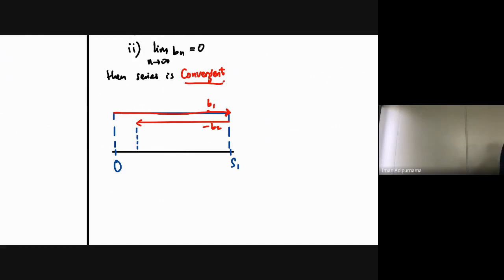Let's say this is the S2. And then from here, because the next term is always less than the previous term, it will always be here, maybe less than here. So it will be going to 1 point. Okay, it will be going closer to 1 point, maybe here or here. Okay, from the picture.